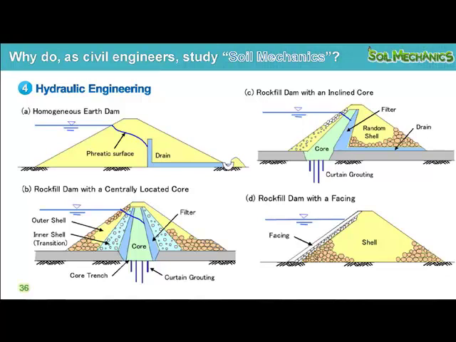And this one is also another example. This one is a rock fill dam with a centrally located core. This is the core. And this is the foundation and this is the outer shell. This can be a filter, so water can be filtered here.